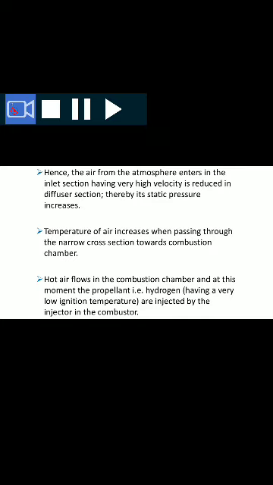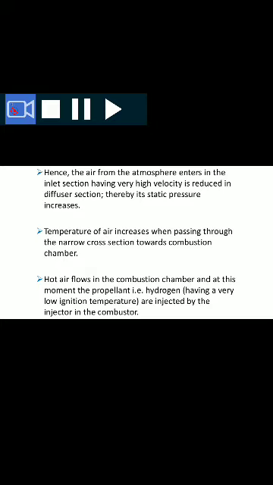The temperature of the air is very high when passing through the cross section towards the combustion chamber, and because the temperature is very high, the fuel injection and mixing with the compressed air is very good, and it will give a good exhaust velocity.